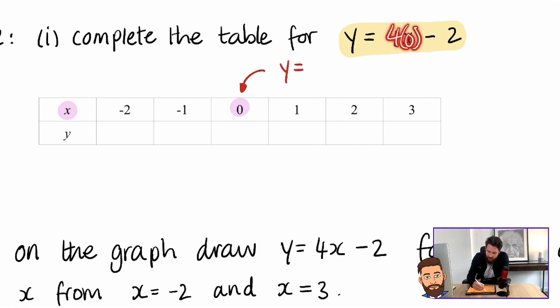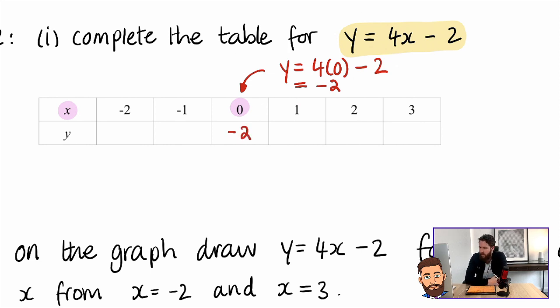Well, we're changing x to be 0, so 4 lots of 0 minus 2. What is 4 times 0? 0. Take away 2 is minus 2. So the y value here will be minus 2 when x is 0.